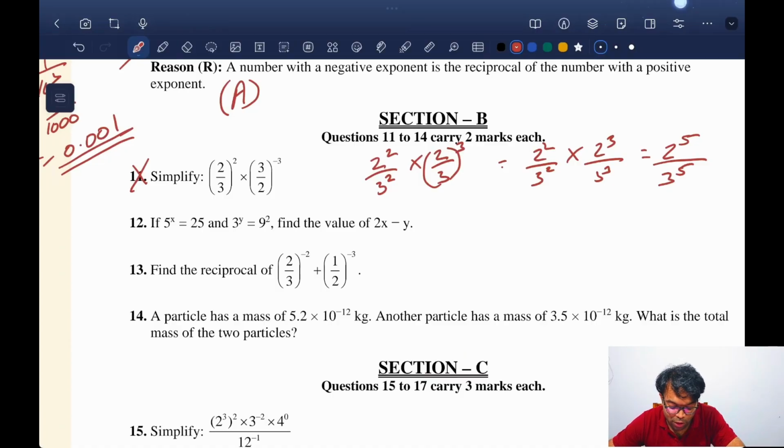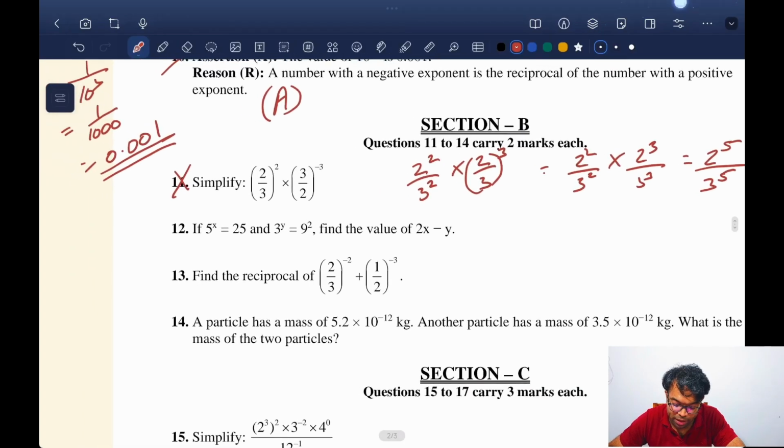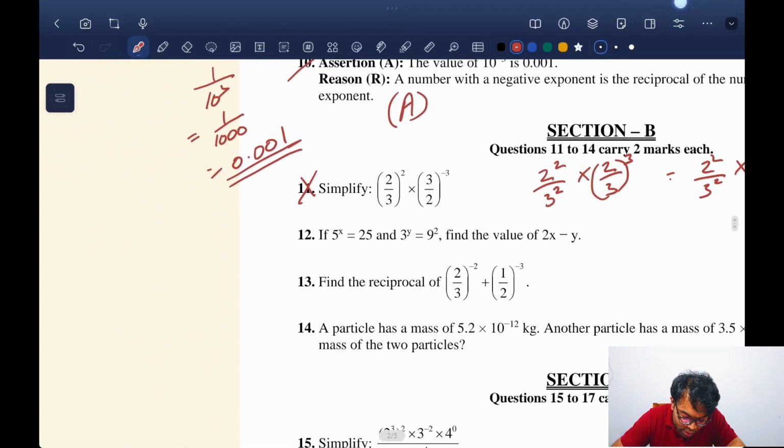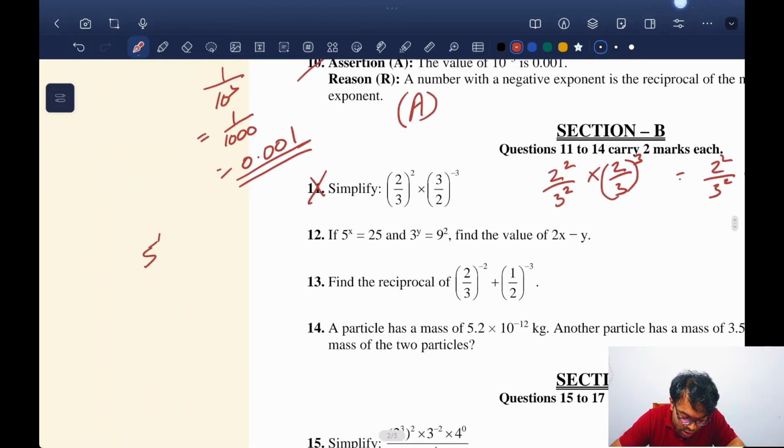If 5 to the power of x is 25 and 3 to the power of y is 9 square, then find the value of 2 to the power x minus 2x minus y. So 5 to the power of x is 25. So x has to be 2. Yes, sir.